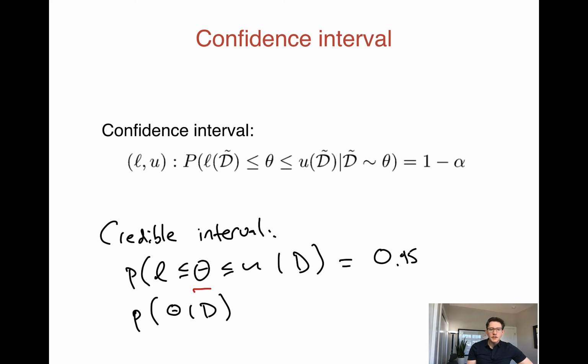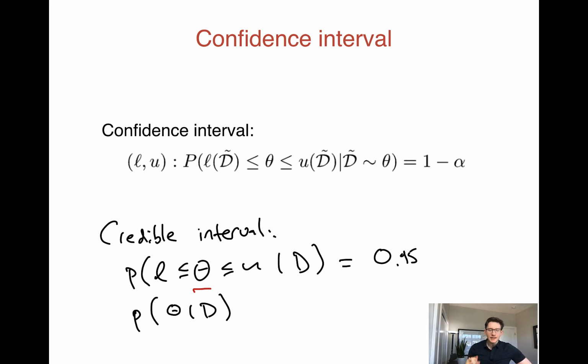Now, just to be clear, a very common mistake that's made is to say, okay, I give you a confidence interval. Let's say for a coin, my confidence interval from some frequentist method is that the bounds are 0.6 and 0.8 for the coin's weight. And you say, what does that mean?